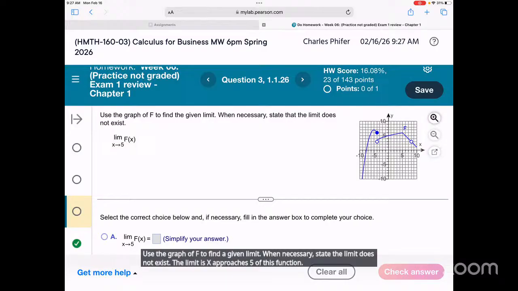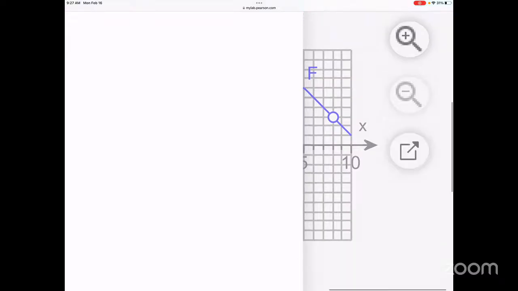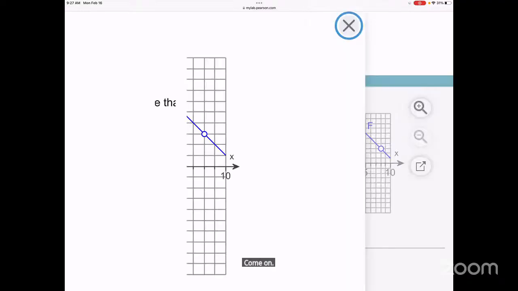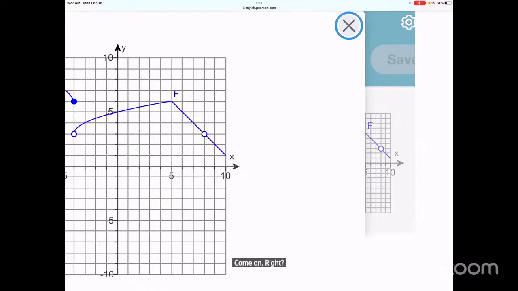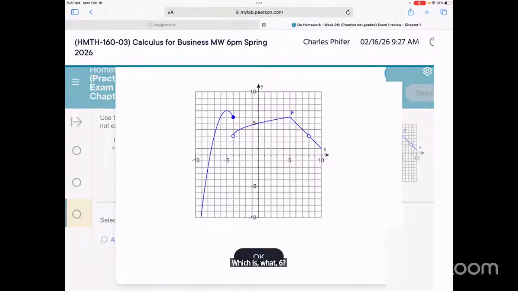So from the left and the right, the y values are approaching the same number, which is what, 6? So we're just going to put 6 there.